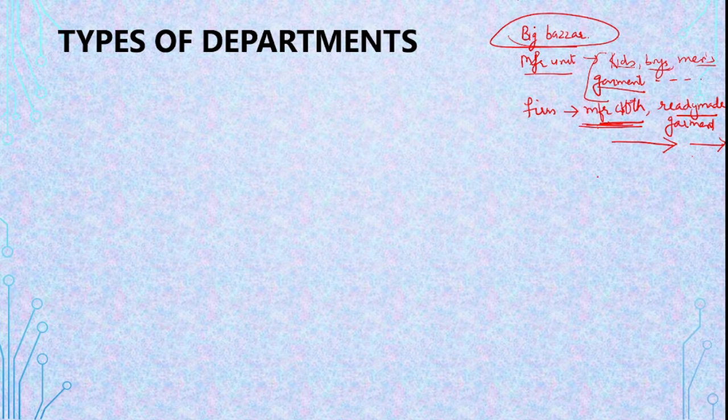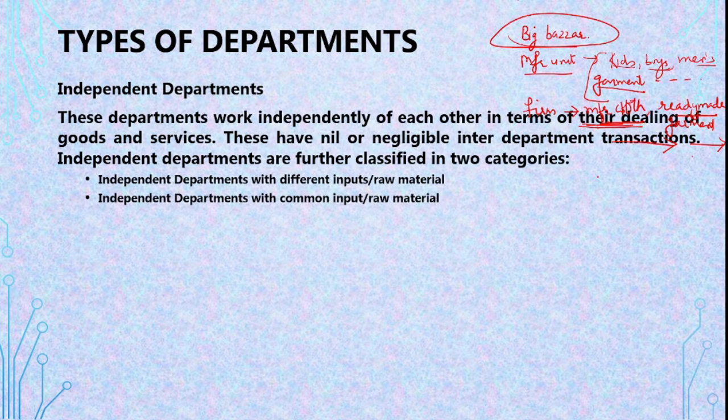So accordingly, the categories are independent departments. Now, independent departments are those departments which are working independently of each other. So they have very negligible interdepartment transactions. Like when you visit Big Bazaar, you have a stationery unit therein, you have a grocery unit therein, you have a milk product line therein.